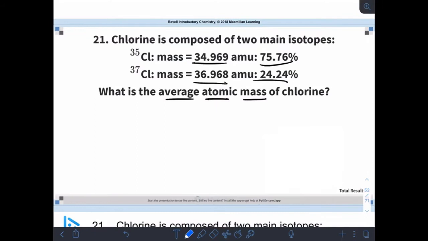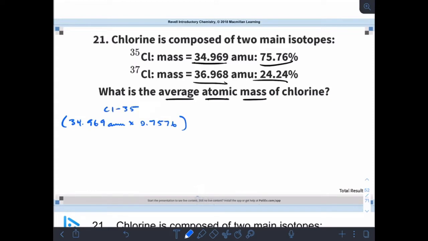Okay, so we have chlorine 35, and it has a mass of 34.969 AMU. So that's isotope 1. So 34.969 AMU times the decimal of that percentage, 0.7576. So this is all for chlorine 35.